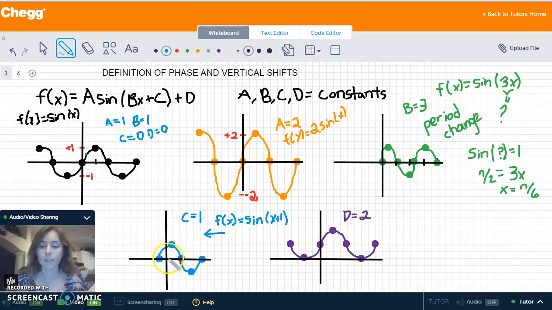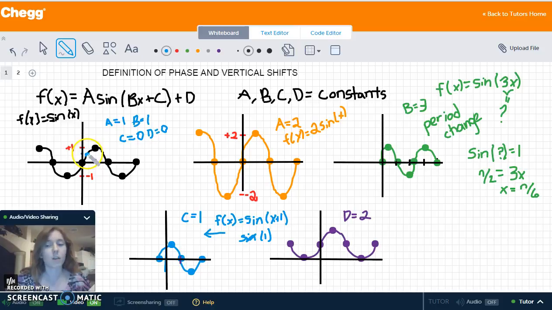So at x equal to 0, which is this line right here, it has a value, sine of 1, which is right here. So if you think about it, you have this number right here that's being put right there.